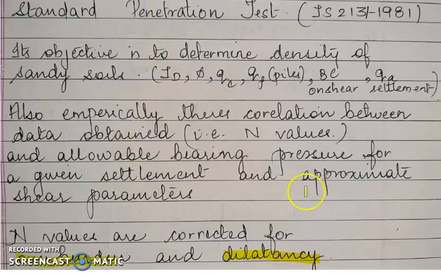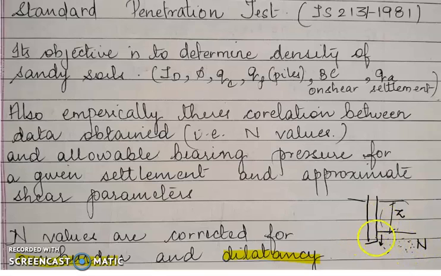So what I'm trying to say is, let's say this is my sampler, it's going through this, and this is my ground level. And I'm trying to collect the sample from this step. Now, at this step, there is this big column of soil, right? So when the sampler is passing down, because of the weight of this column, this soil will be slightly dense, or you can say it will have a tendency to give a higher value of N.